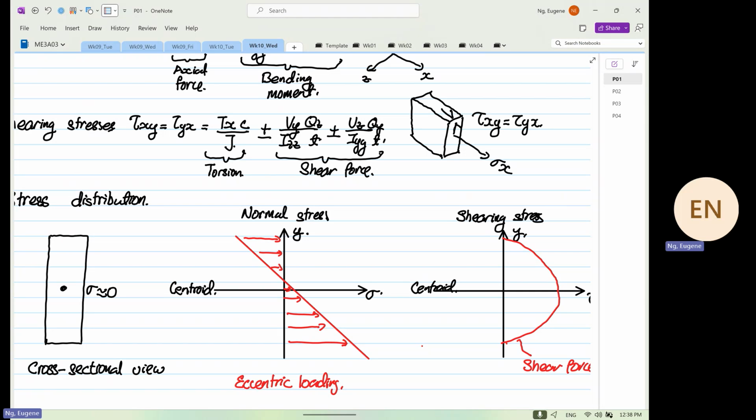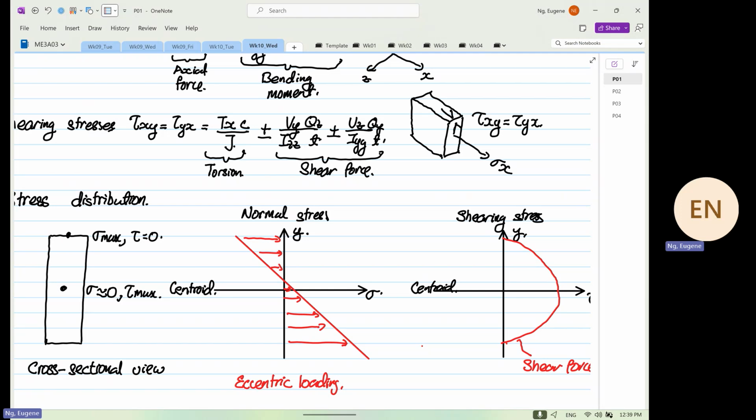For this case, because it's centric, it's approximately equal to 0. But the shear stress is what? At its max. And if you pick the other extreme, the normal stress is at its max, and the shear stress is equal to what? 0. Okay, so you have to visualize the distribution.